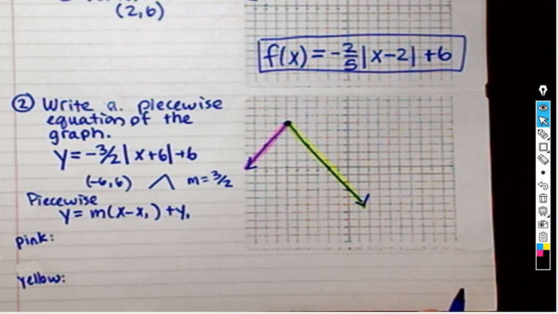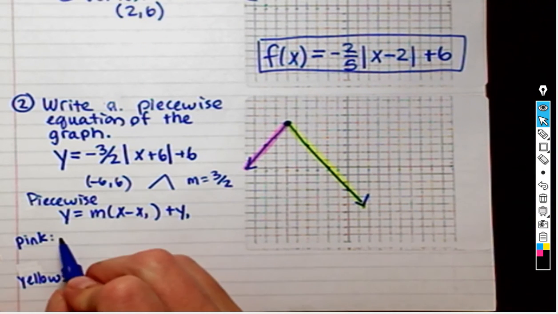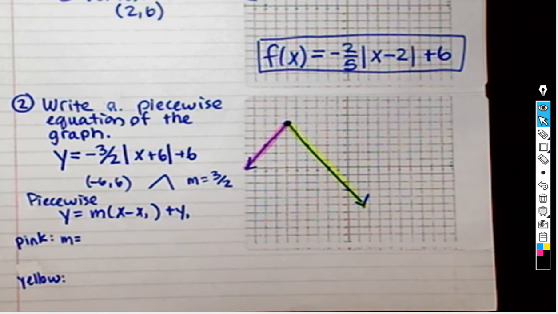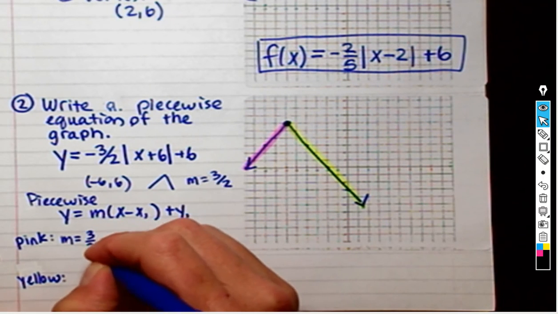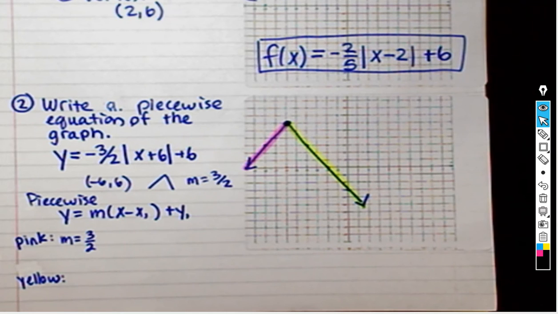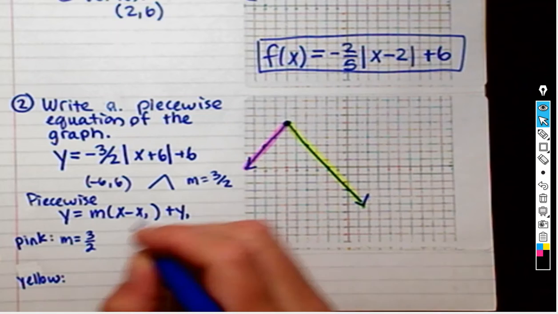All right. Emma, what is the slope of the pink line? Yes, 3 over 2. Okay. Rayon, give me a point on the pink line. Yes, okay, negative 8, 3 is a good point.